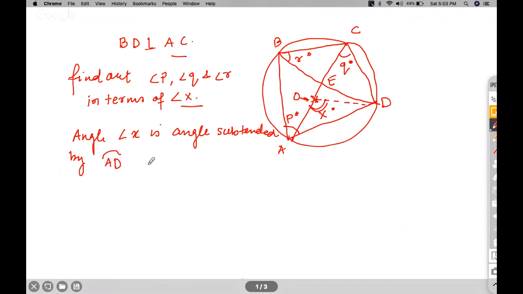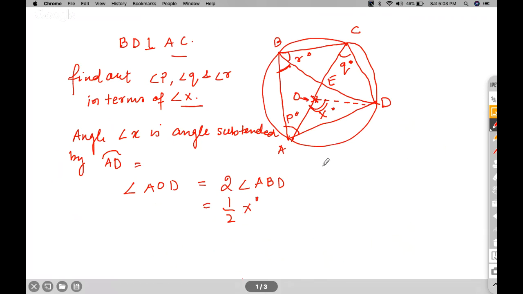So this arc AD is equal to this angle AOD, which would be equal to 2 times angle ABD. This angle ABD, which is equal to half x degrees.